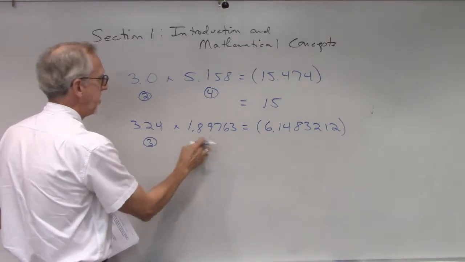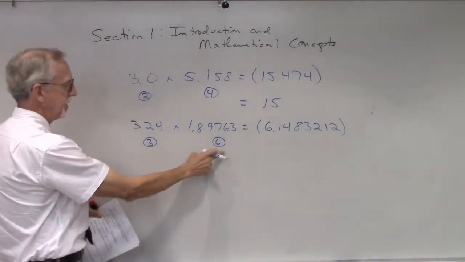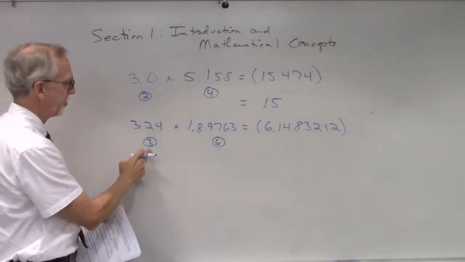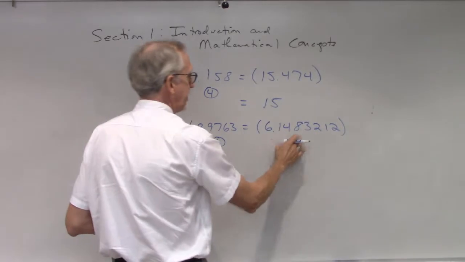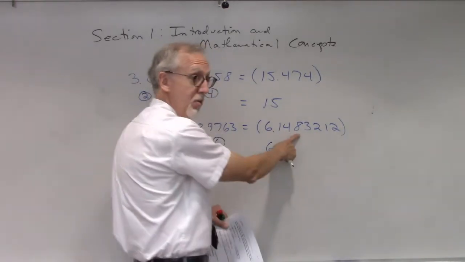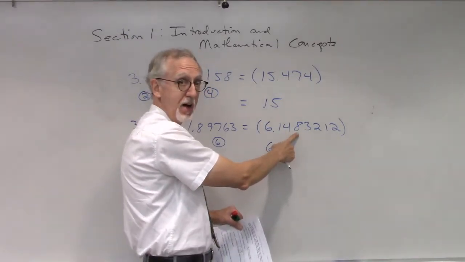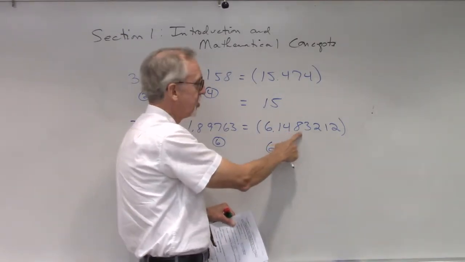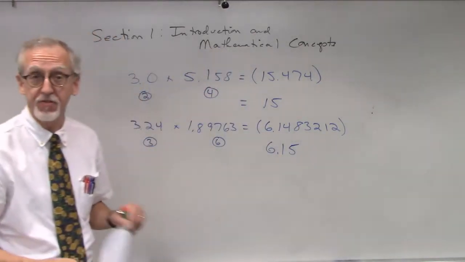How many do we have here? 1, 2, 3, 4, 5, 6. So 3 and 6. How many will we keep? Well, 3 is less than 6, so we'll keep 3. So what is this to 3 sig figs? 6.1. Now this, notice, is 8. So 8 is actually closer to 5 than it is to 4. So we'll round this up and we'll make that 6.15.